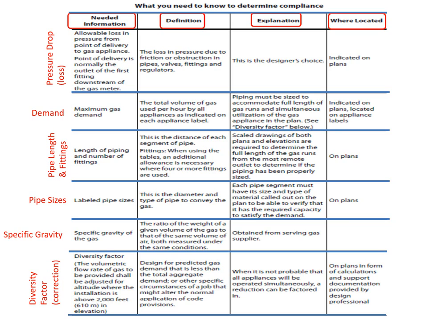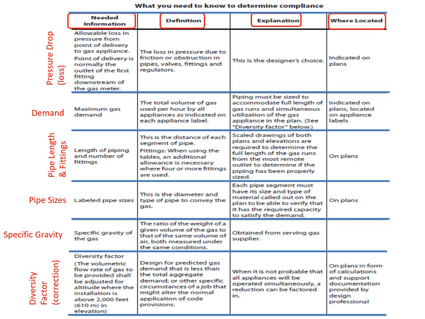How do we get that gas from one point to another? The volume is what we're talking about. We need some pressure in the system. Pressure will move the volume of gas. The point of delivery is normally the outlet of the first fitting downstream of the gas meter. Again, just general information here to help us understand further proper design factors.